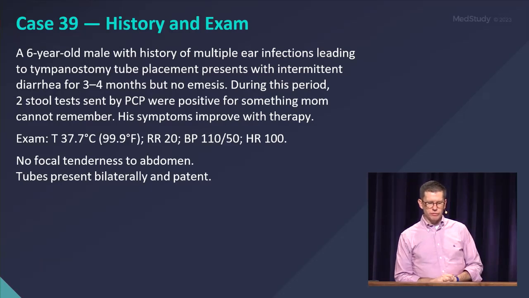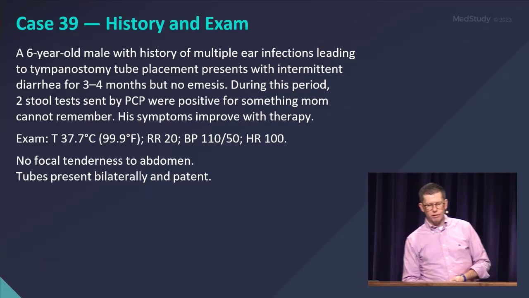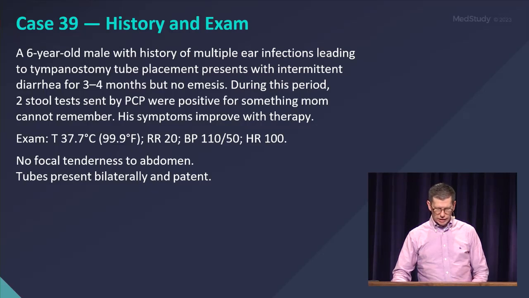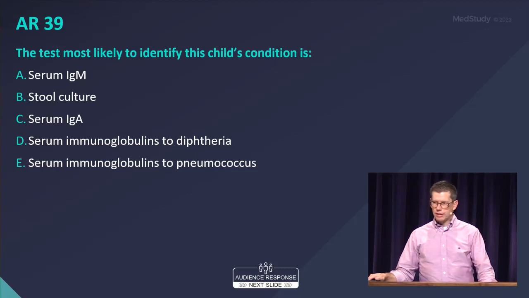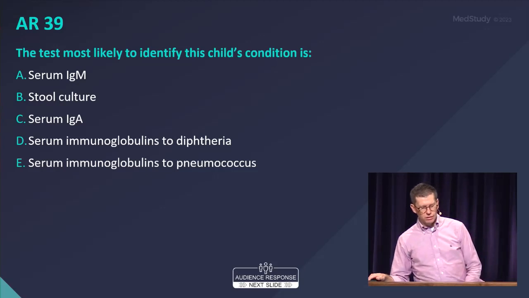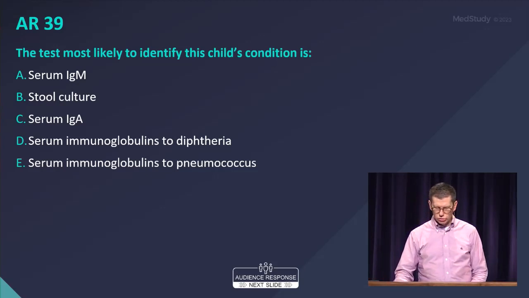On exam, he has a temperature of 99.9, respirations 20, blood pressure 100/50, and a heart rate of 100. There's no focal tenderness to his abdomen, and tubes are present bilaterally, and they are patent. The test most likely to identify this child's condition is A, a serum IgM, B, stool culture, C, serum IgA, D, serum immunoglobulins to diphtheria, or E, serum immunoglobulins to pneumococcus.